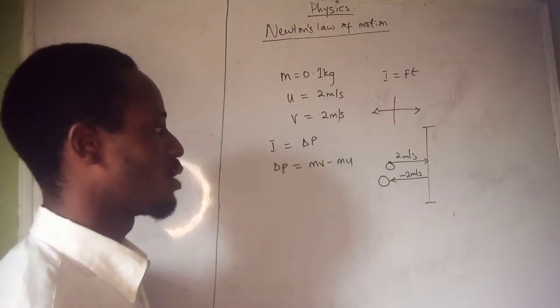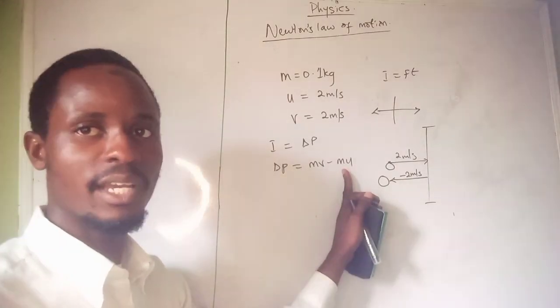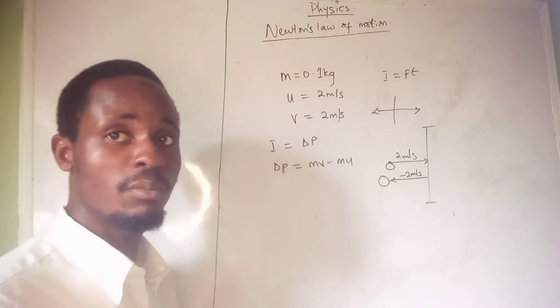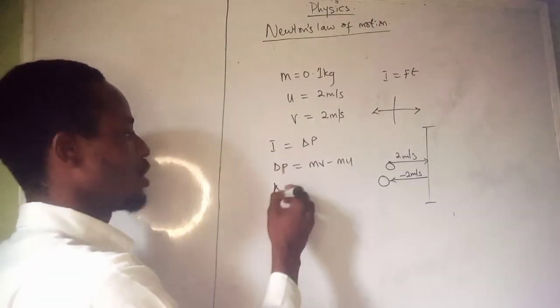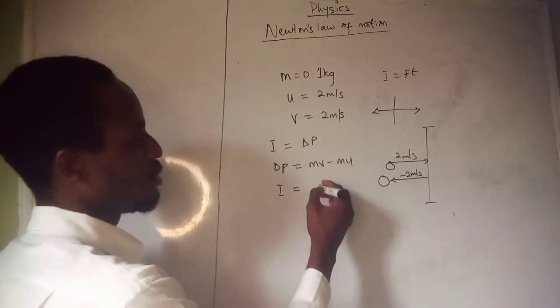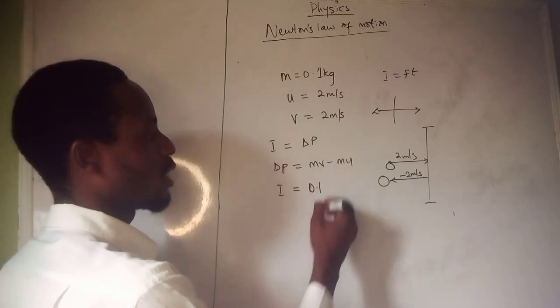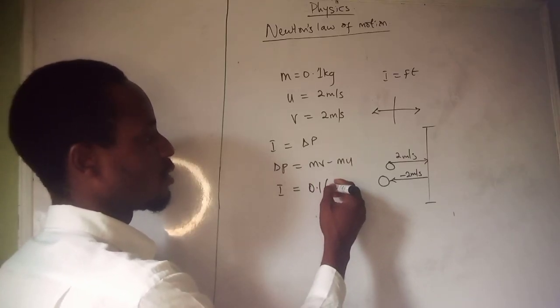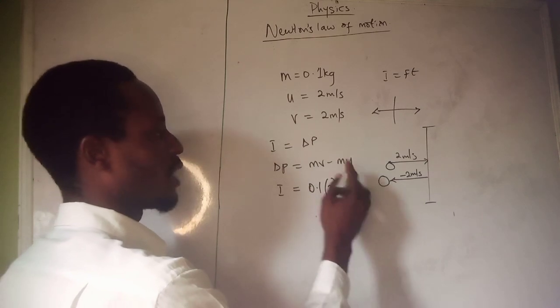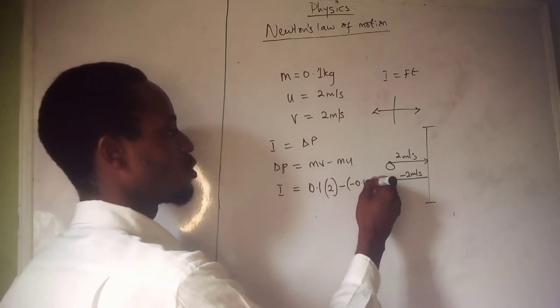So which means we can write the formula. I just have to make this the initial. I don't want to get a negative answer because momentum cannot be negative. So the change in P, or let's say the impulse, is going to be mass, which is 0.1, multiplied by 2 minus, then this will be minus 0.1 times 2.